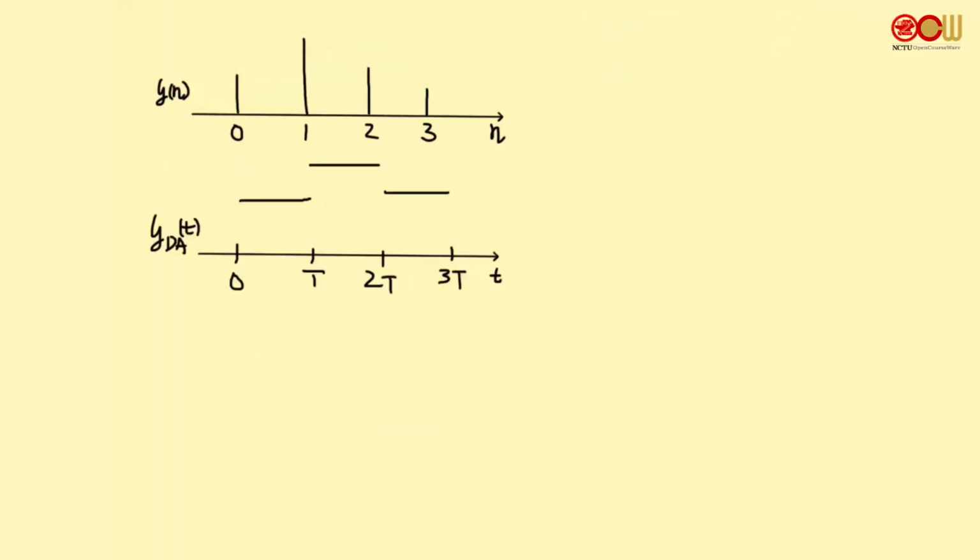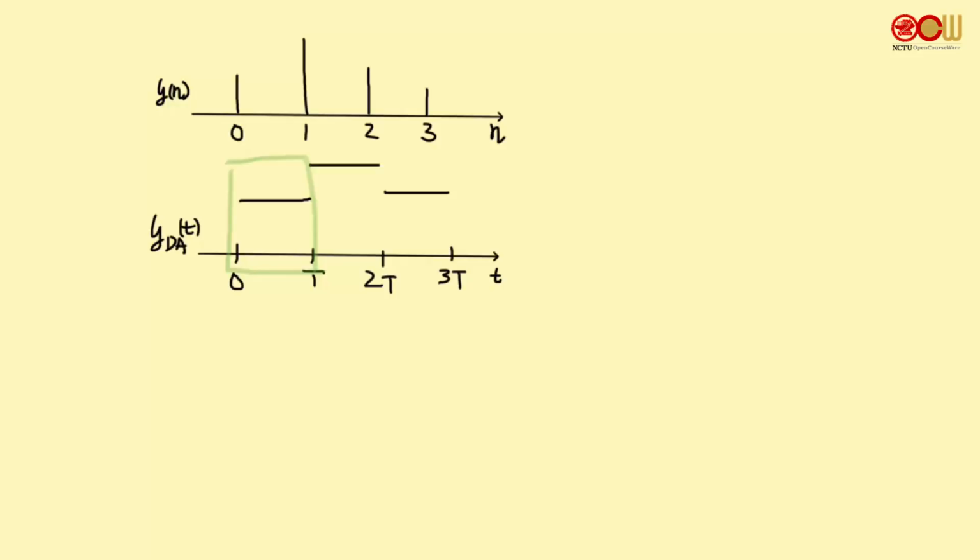To see how y[n] and y_DA are related, let's go back and examine their plots again. Let's observe that if we look at y_DA in an interval of T, just for this interval from 0 to T, what does it look like? It looks like a rectangular pulse, doesn't it?